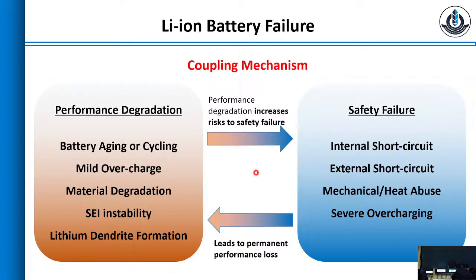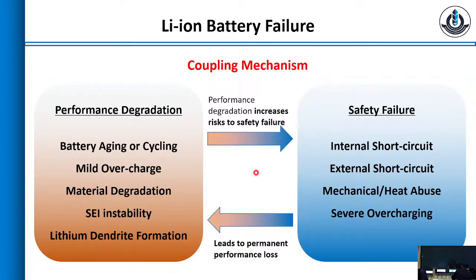In the initial stages, a certain degree of mechanical abuse probably would not have led to overall battery failure. But if the batteries are 5 years, 7 years old, and have been used continuously, then that same amount of mechanical abuse can lead to a battery failure.